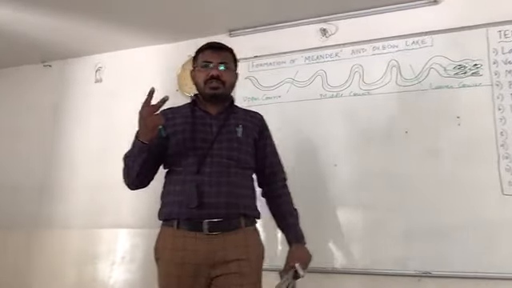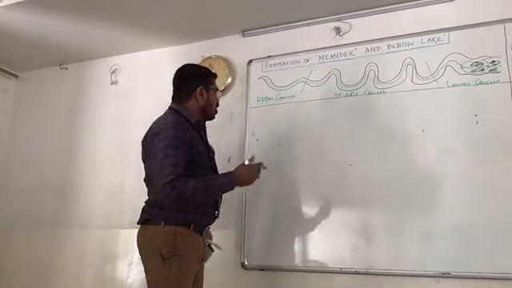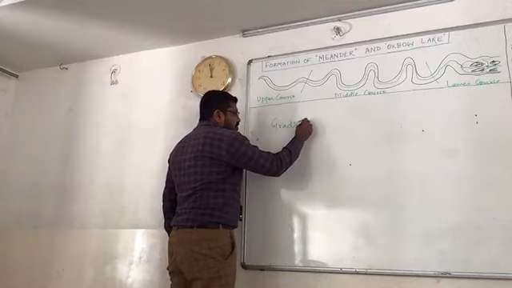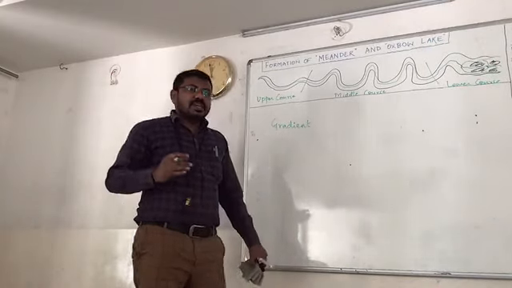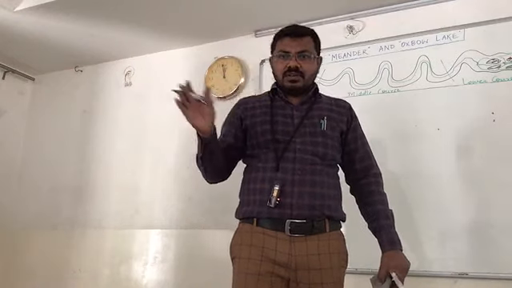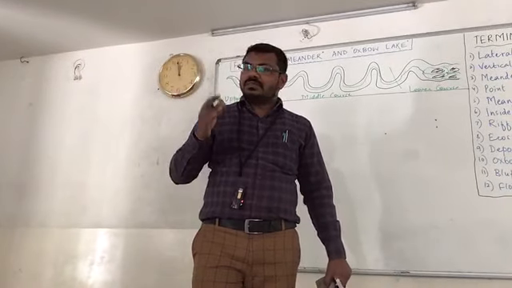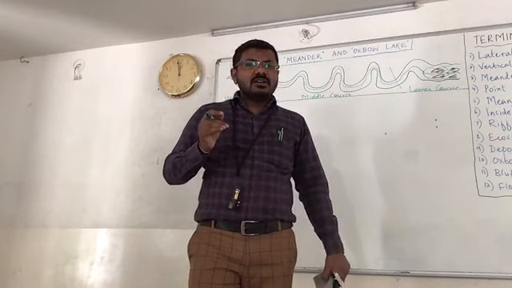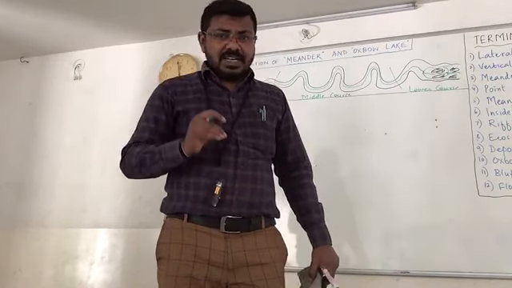Generally there are two things which happen in the middle course. One is the effect on the gradient. The gradient becomes very low, the mountainous area gets over, the river enters into the plain region, so very low gradient is available in the middle course or in the plain region.